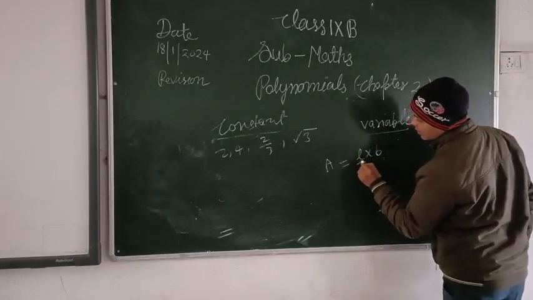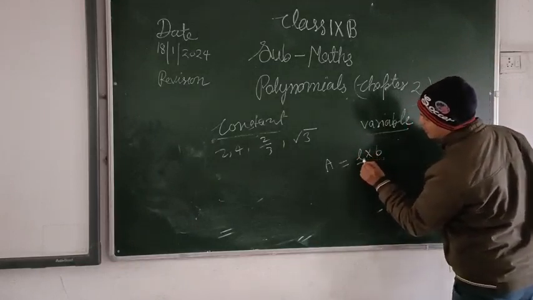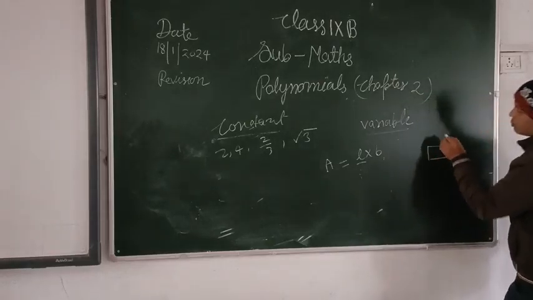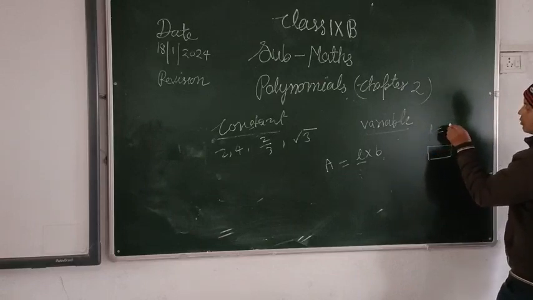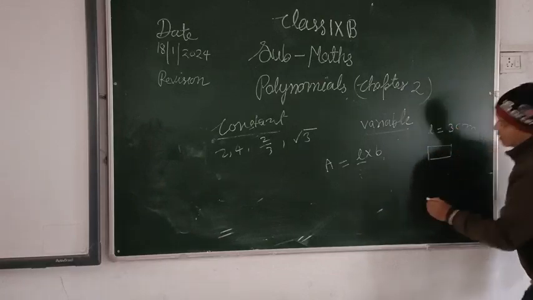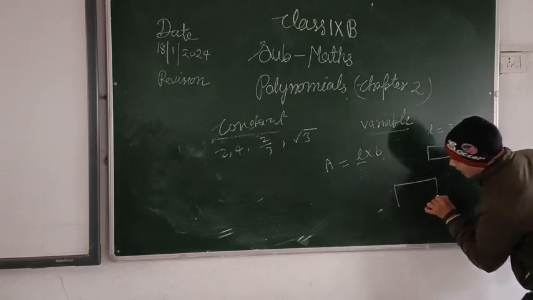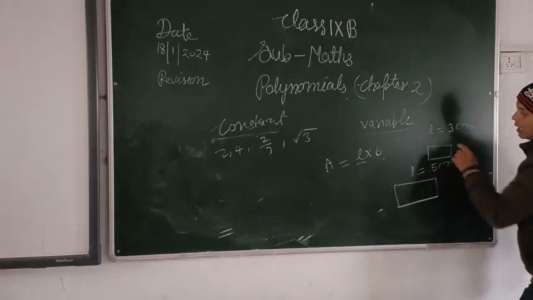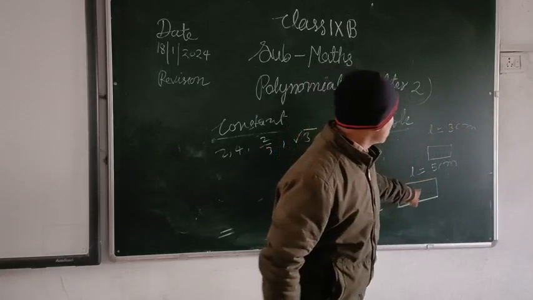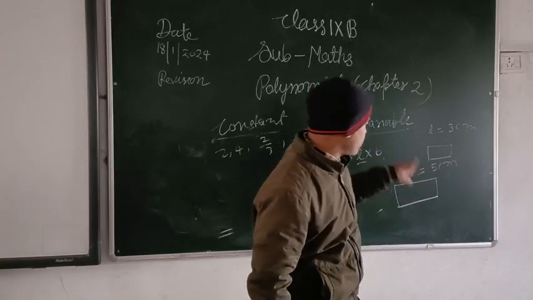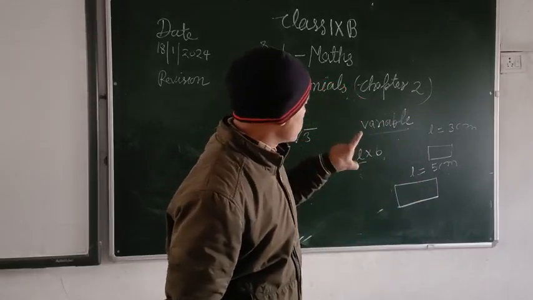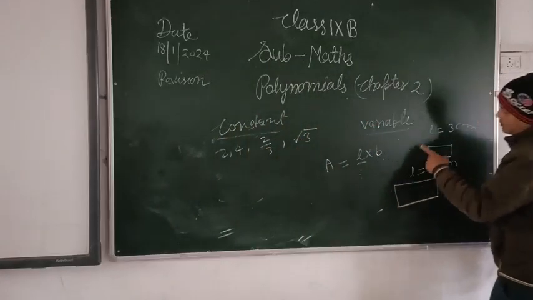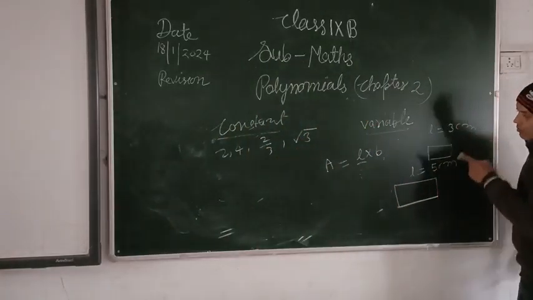So in this case, L is also variable because if we take one rectangle, suppose its L is equal to 3 centimeter, and if we take another rectangle, then its L is equal to suppose 5 centimeter. So it varies according to the situation, means what is the size of the rectangle. So that's why we say that L works here as a variable.